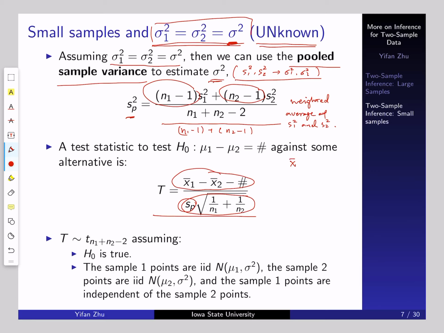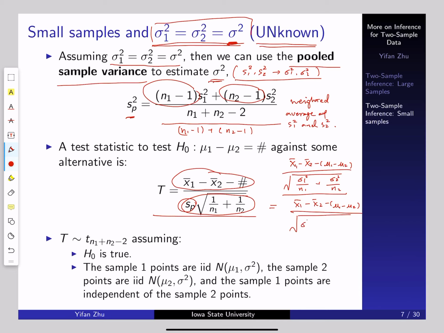Recall before we used this, and since they are the same, then we actually have sigma squared. So they are both equal to sigma squared.